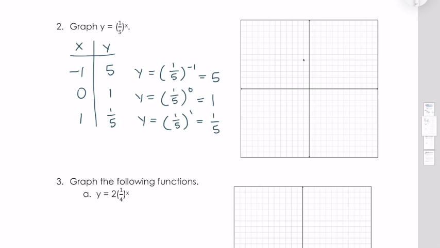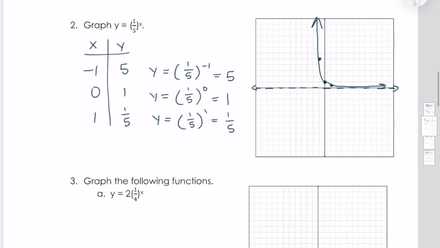So we're going to plot those points. And again, these graphs look super similar to the growth, except they go down from left to right instead of up. Now your asymptote is at the x-axis.